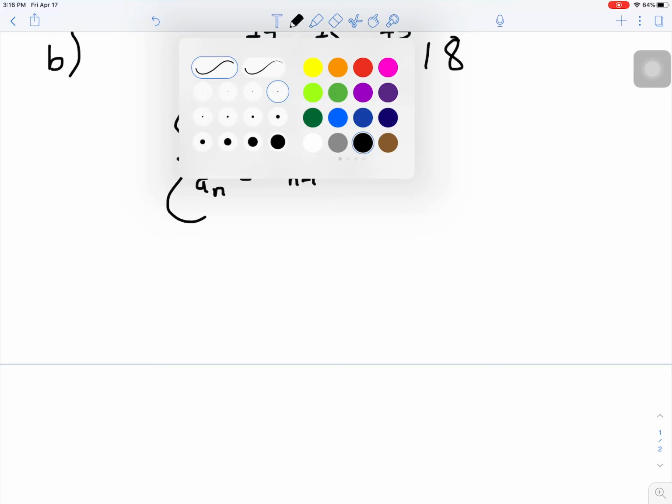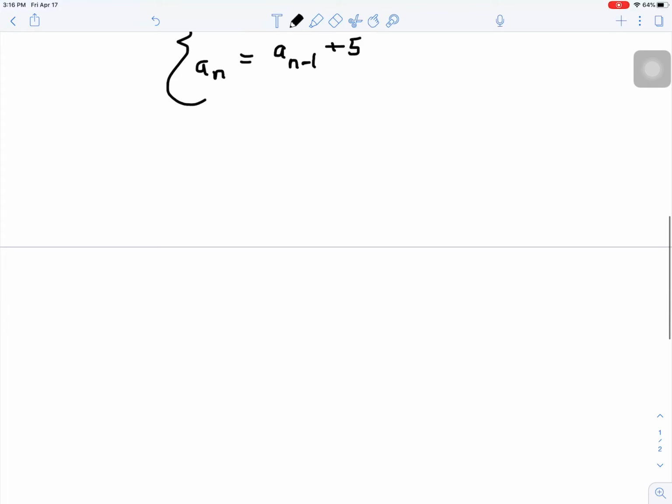Let's go to C. It looks like my pen's a little thick. Let's try the next one here. So C would be, we have 1, 3, 9, 27. And so now what it says is, one of the terms in the following sequence is 729.